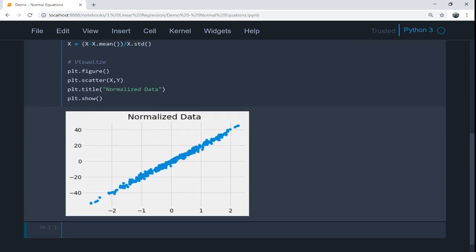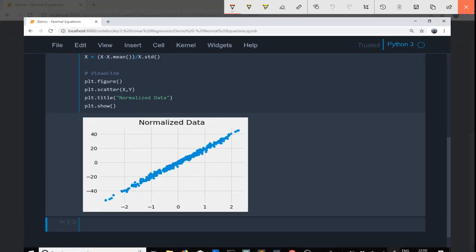Okay, this is how the data looks, and now we have our x matrix. For this data set I want to predict one line like this. For that I need two parameters, theta naught and theta 1, and then I will compute (x theta minus y) squared, which is going to be my loss for the entire training data set. Why? Because we saw that x theta minus y gives us one vector of the form y predicted i minus yi, and if we square this vector we get the sum of squares.